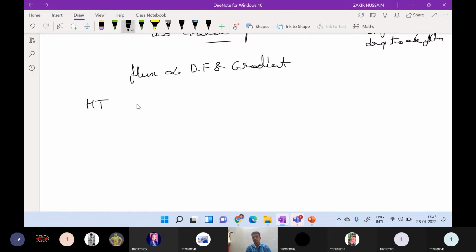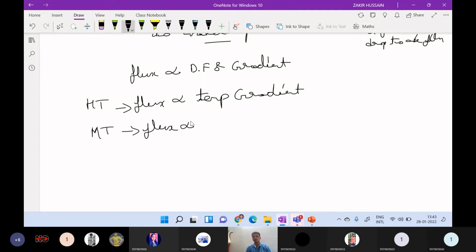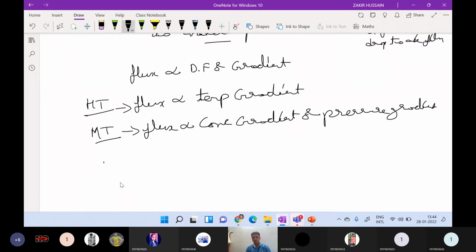In heat transfer, flux is directly proportional to the temperature gradient. And in mass transfer, flux is directly proportional to the concentration gradient, or we can say the pressure gradient. And this proportionality constant will be the mass transfer coefficient in mass transfer, and the heat transfer coefficient in heat transfer.